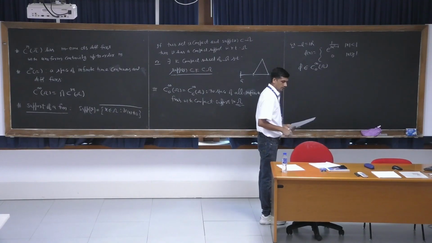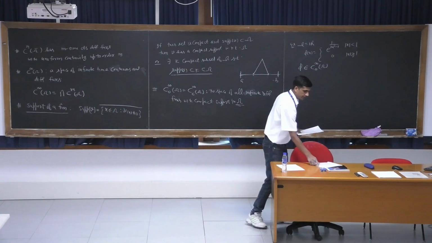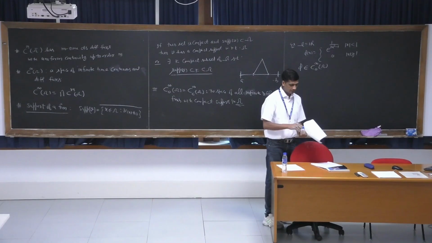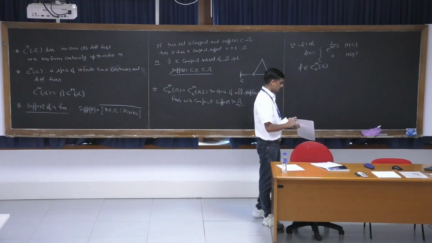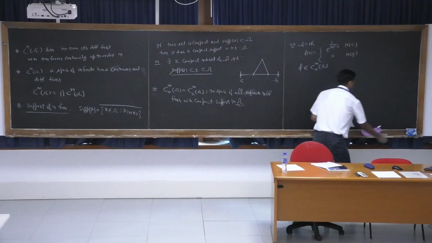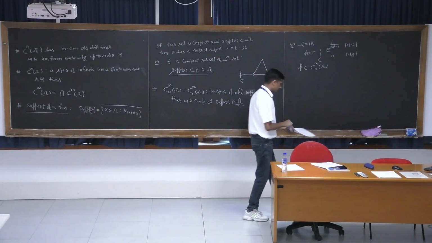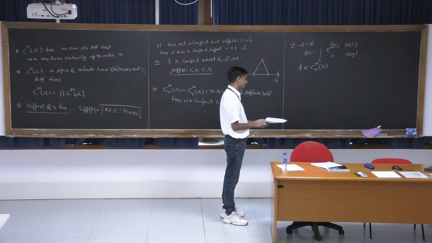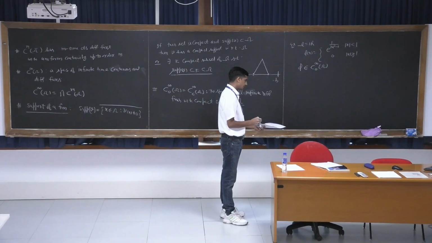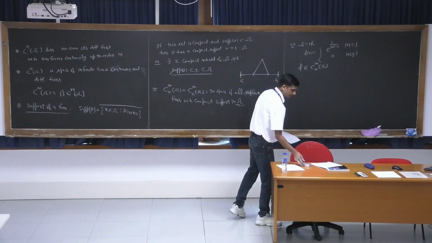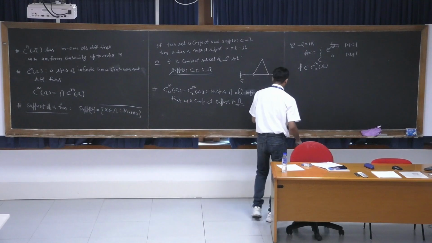So this is a C0 infinity function. Now come to one more definition, then we will move to what the distribution is and how to define the distribution derivative.